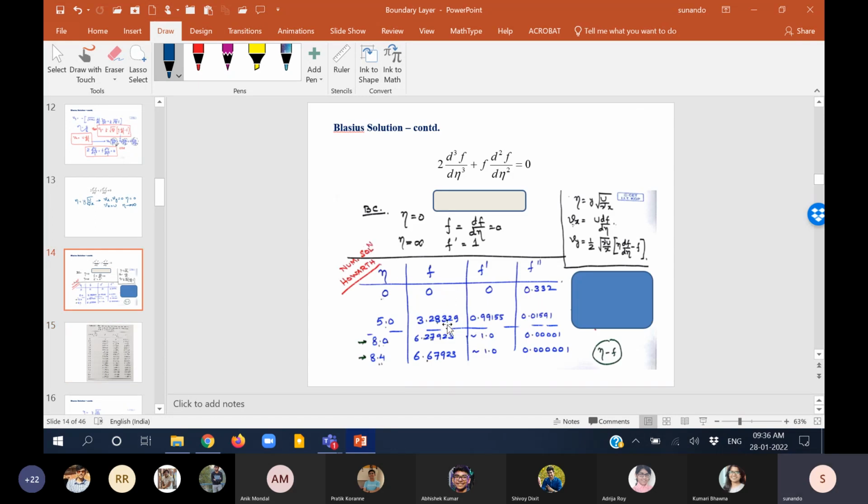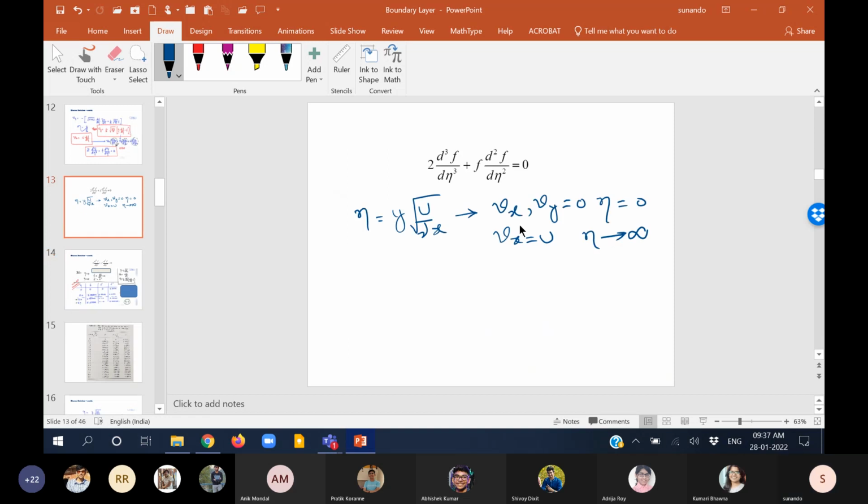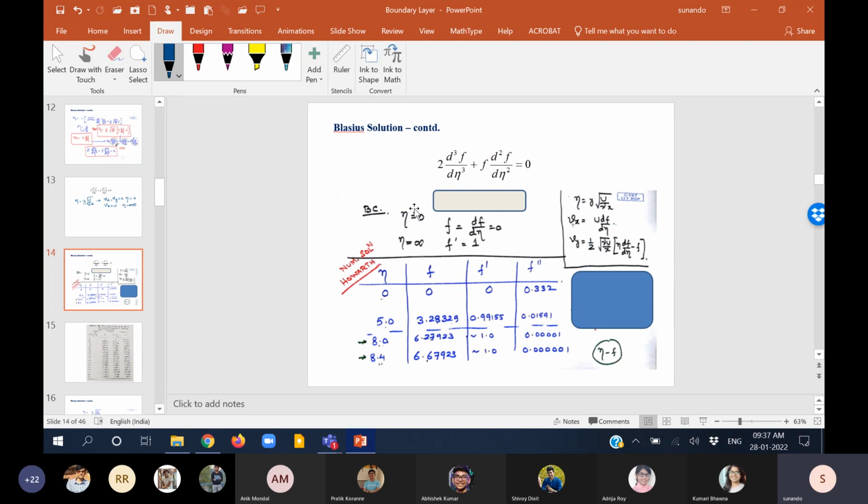Now, how would that help? The boundary condition is eta equals 0, f equals 0. That's straightforward. Is it straightforward? Would you say that f prime equal to 0 is straightforward? I wrote the boundary conditions here from our physical understanding. Now I am writing eta equals 0 and eta tends to infinity in terms of f, not Vx or Vy.